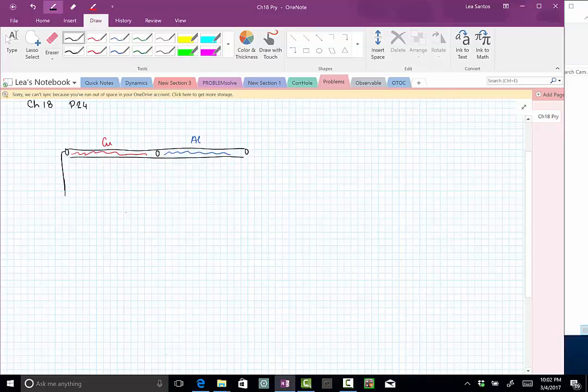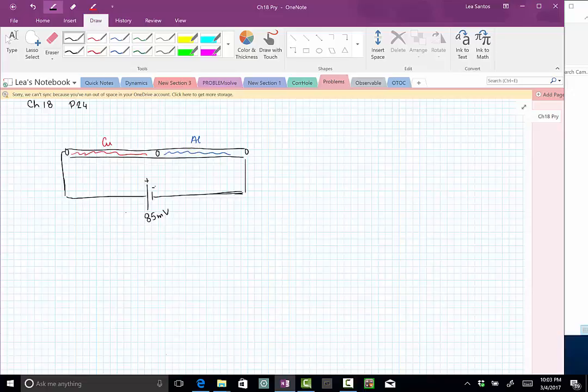So let me make this connection here with our battery. And the potential difference of the battery is given as 85 millivolts. So this potential difference between the high potential and the low potential is 85 millivolts.